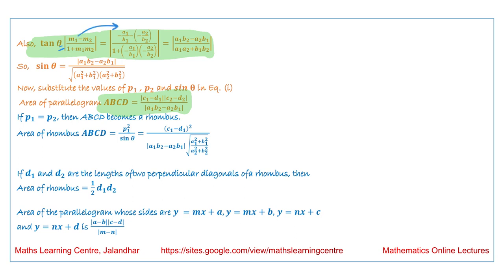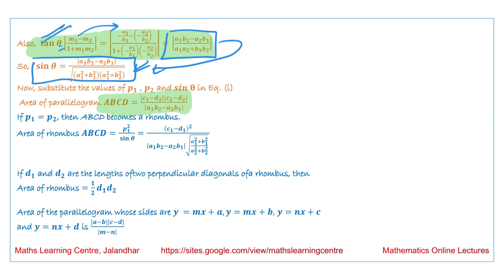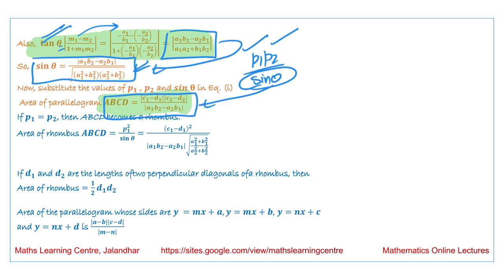We have substituted the values from the equations of the lines, obtained this result, and from the value of tan theta we have calculated the value of sine theta. Substituting it in the formula P1 P2 over sine theta, we have the value of P1, the value of P2 and sine theta. We obtain that the area of the parallelogram is given by this formula.